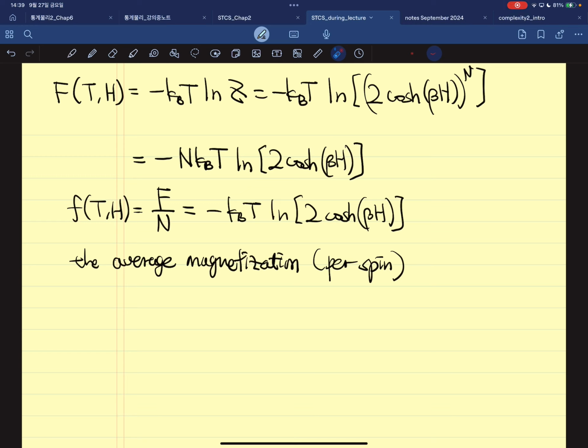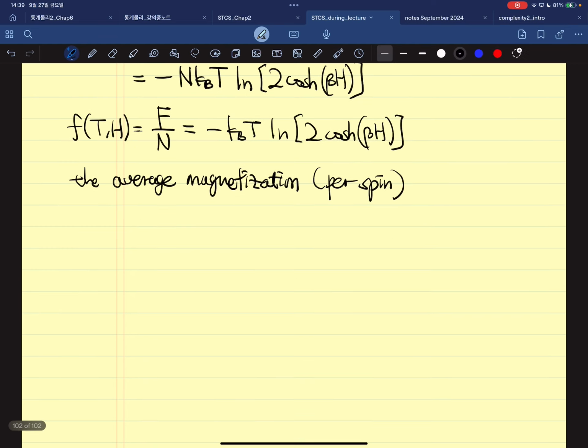We don't really have an intuitive idea of what this free energy means. So this average magnetization, in contrast, is really intuitive. It's literally just the average direction of the spin. So it's really something we can connect intuitively.